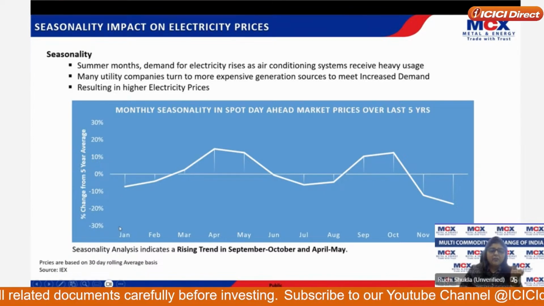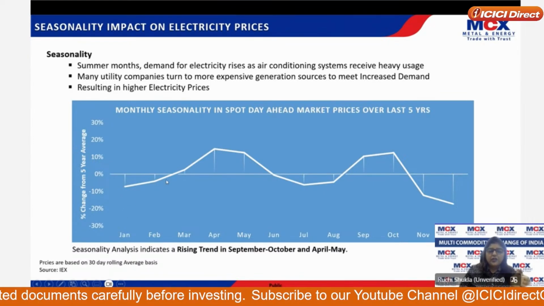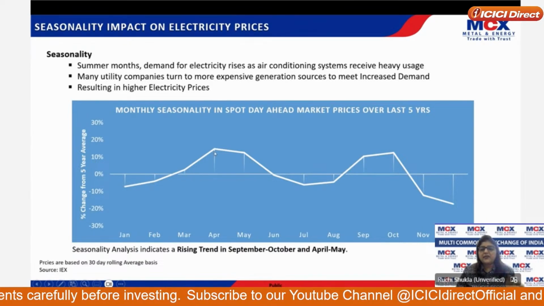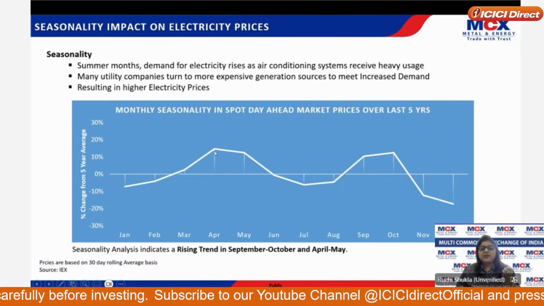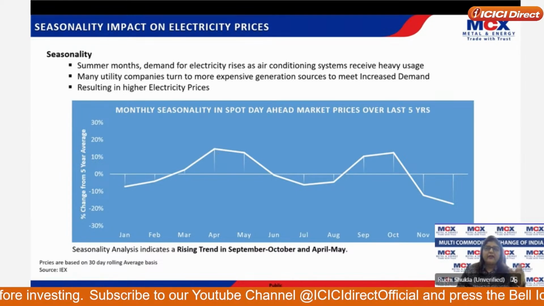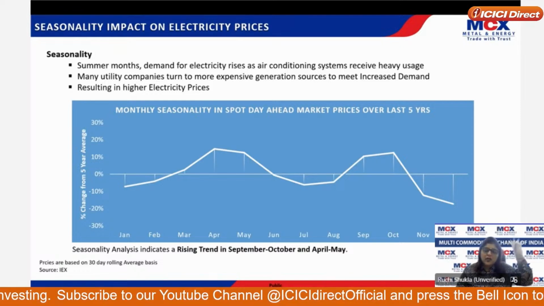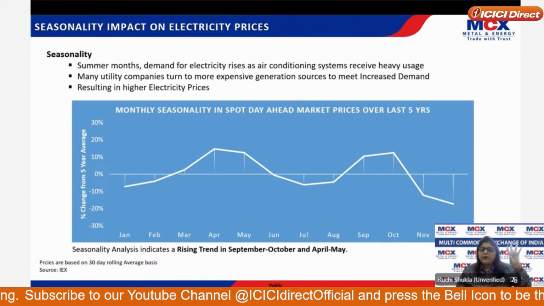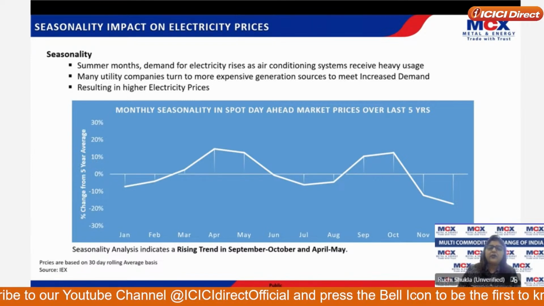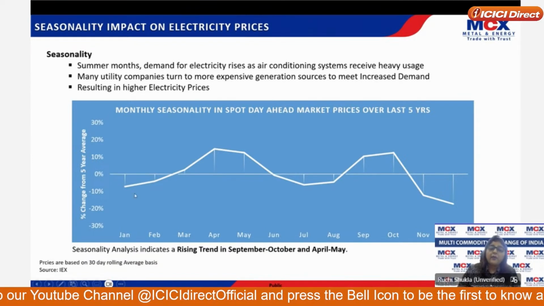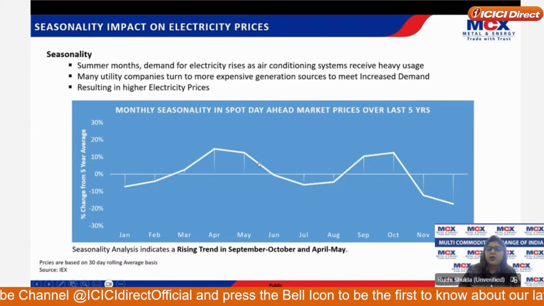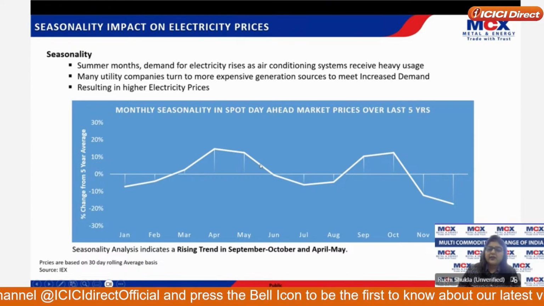If we see particular months, January and February are generally the winter season. As we move towards March, the peak or summer season, the prices tend to go up. Very high winters are generally limited to the northern areas in India. The others may not have extreme winters where the heating requirement is too high, but summers are across India, and during summers, April, May, June, the prices tend to be on a higher side.